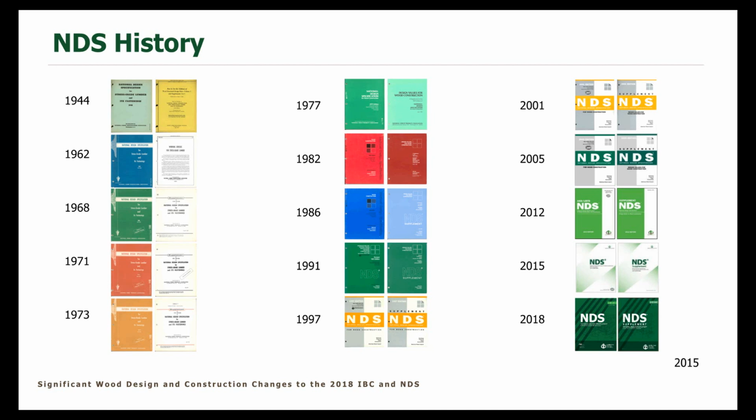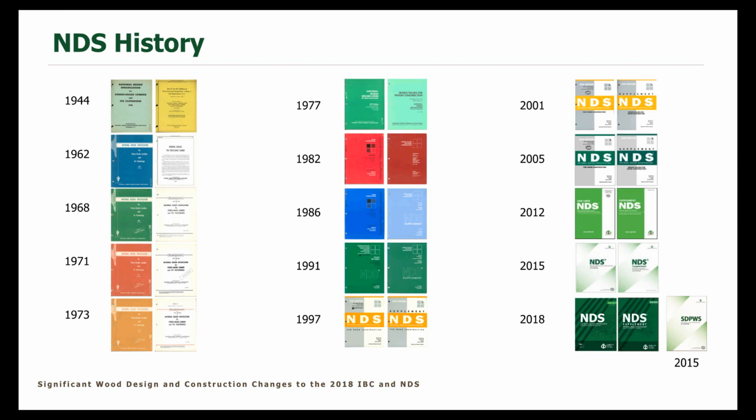And what we see here is that we'll be talking about the 2018 NDS, and that is what will be adopted under the 2018 IBC, or has been referenced there. But we're still under the 2015 Special Design Provisions for Wind and Seismic, some people call that SDPWS, Wind and Seismic Provisions. So no changes there.